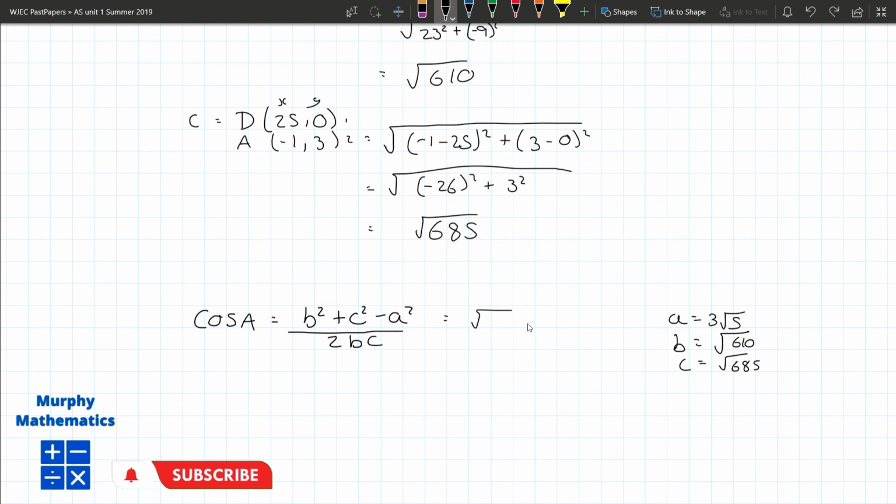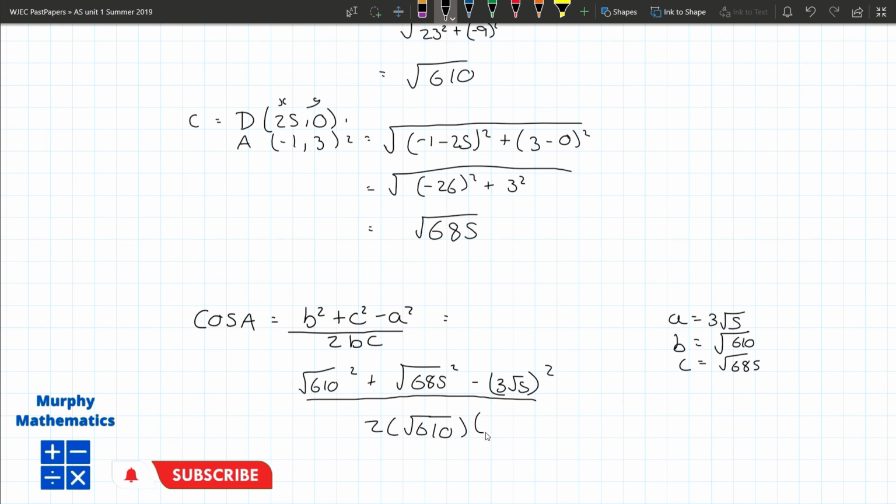I'm going to run out of room here. If we put it in underneath, so root 610 squared plus root 685 squared minus 3√5 squared all over 2 lots of root 610 multiplied by root 685.